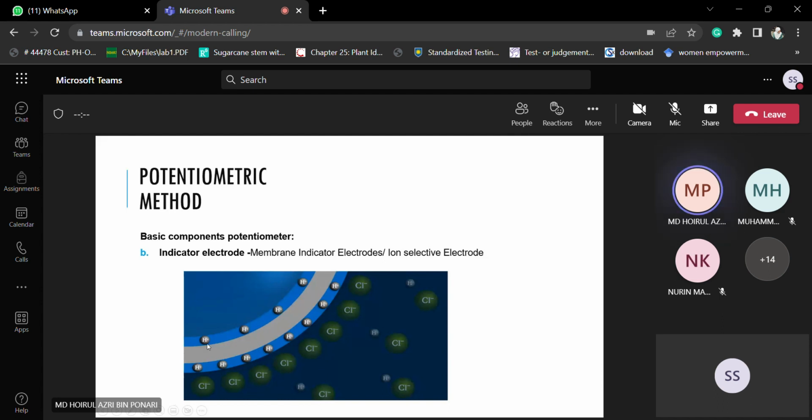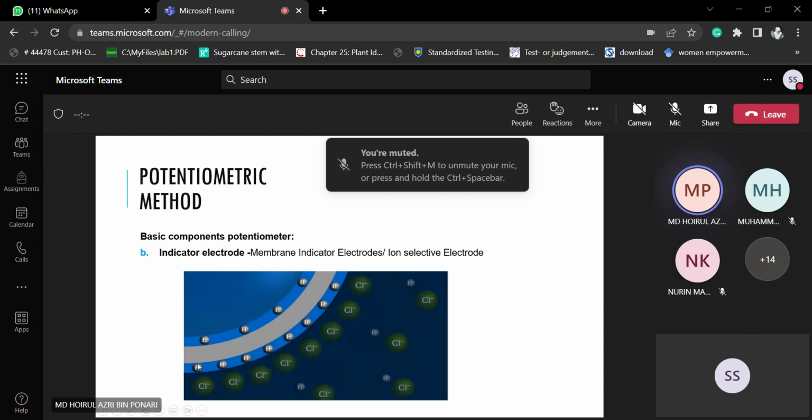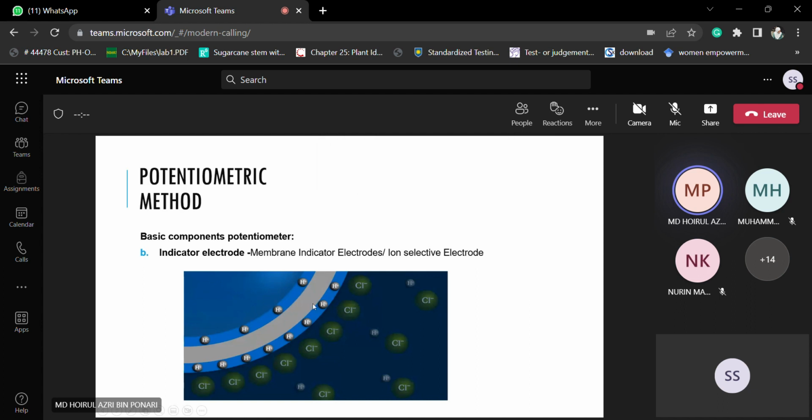And then what happens? If this happens, apa yang berlaku? Dia ada junction potentials. Because this membrane contains hydrogen ion, dia boleh alirkan elektrik. Dia jadi conductor. When it becomes a conductor, it can allow the electrical current to pass.